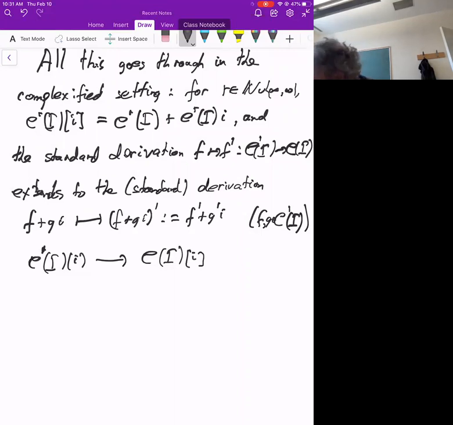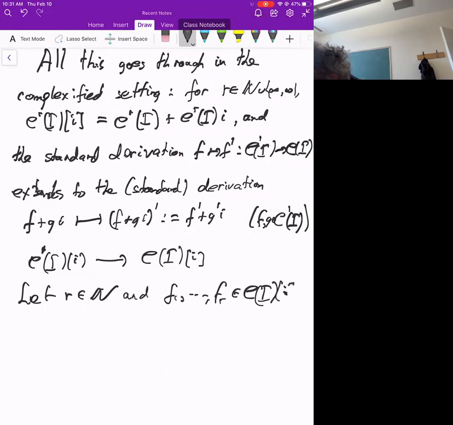And now we can consider these differential operators with coefficients, not just real coefficients, but complex coefficients. So let r be a natural number, and let now f1, ..., fr in C(I) be continuous functions on I, but complex valued now.